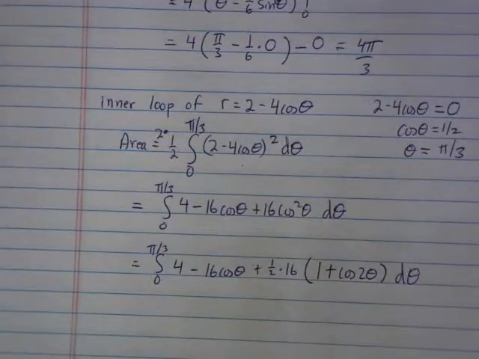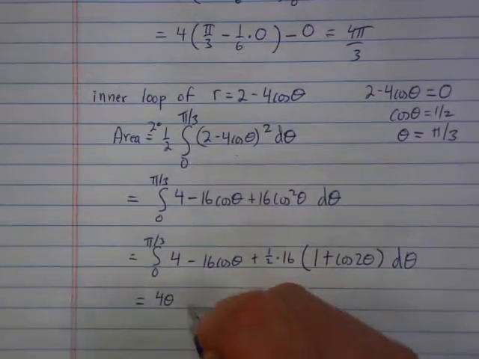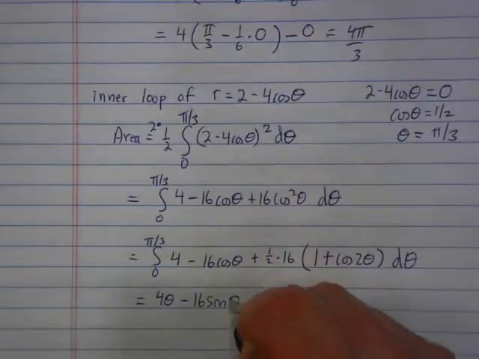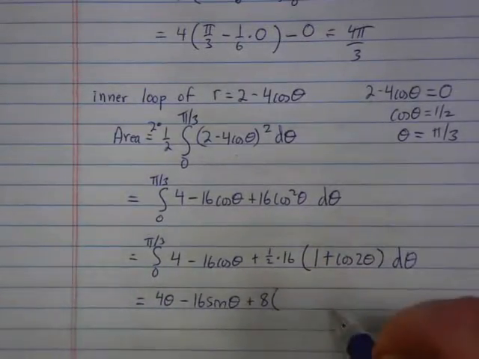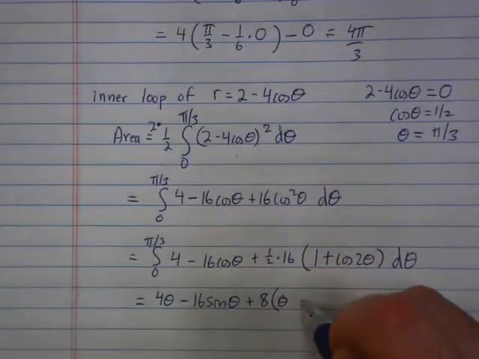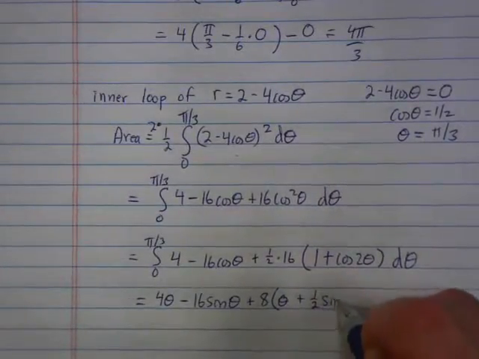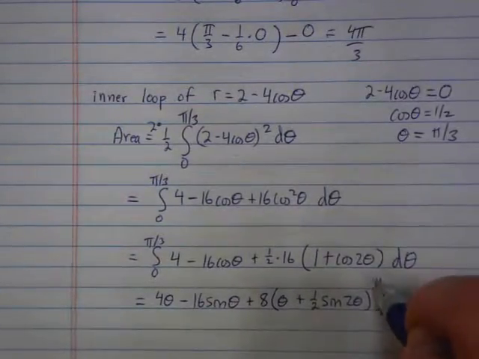All right, now I can integrate: 4 theta minus 16 sine theta plus 8 times theta plus 1/2 sine 2 theta, and then I've got to plug in my numbers, 0 and pi over 3.